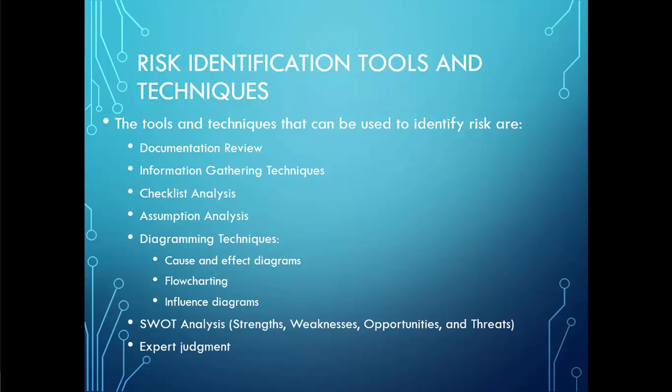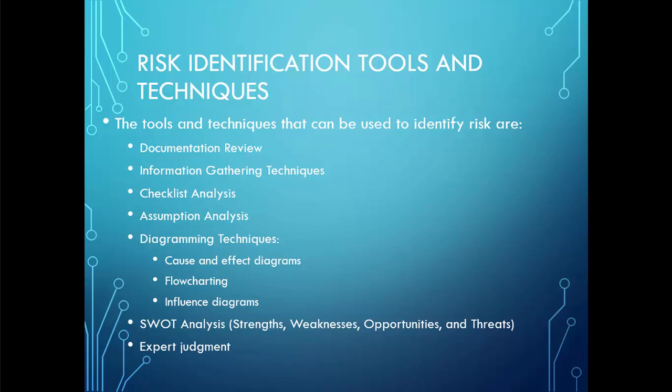We can also use diagramming techniques such as cause and effect diagram, system or process flowchart, and influence diagrams, that's a graphical representation of situations showing the causal influence of relationships among variables and outcomes. We can also do SWOT analysis, which is strength, weakness, opportunity, and threats.